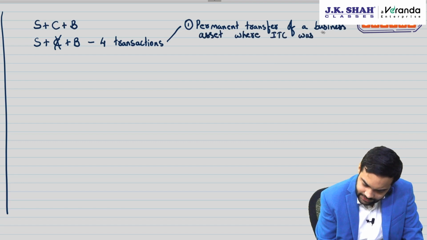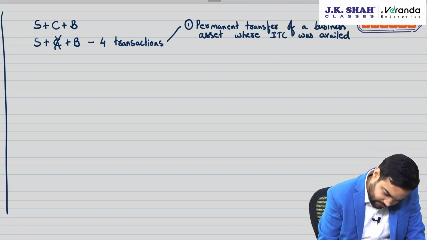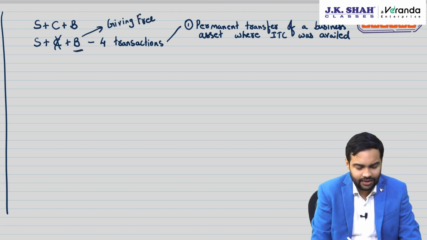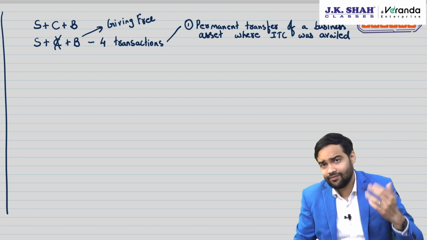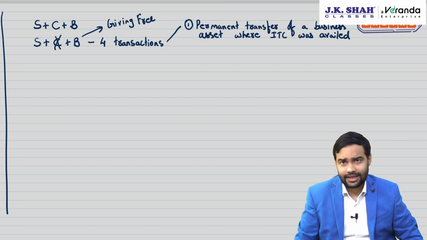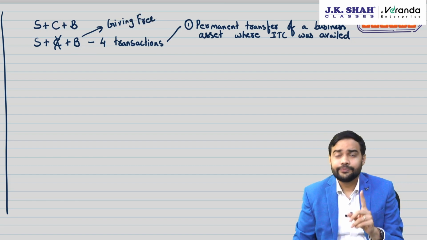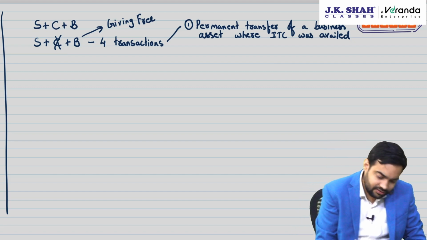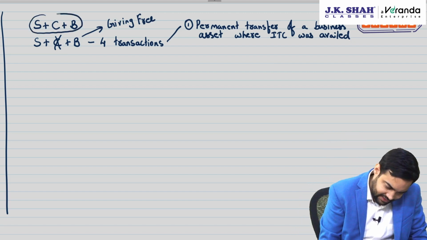If you have availed ITC, then anything you give free of cost. Without consideration basically means giving free. If you are giving something free out of your business, like giving free samples, giving free gifts, then GST will generally not apply because all three conditions need to be satisfied.